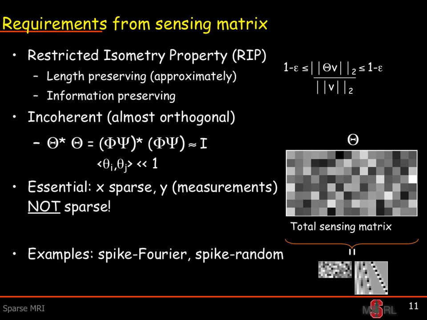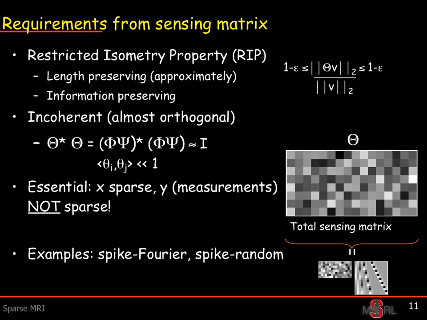In order to work well, compressed sensing sets some requirements on this total sensing matrix. The first requirement is the restricted isometry property, which says that the total sensing matrix must be approximately length preserving, in that any signal multiplied into this matrix has to have approximately the same amplitude as the original signal itself within some epsilon. It also has to have the property of incoherency, which mathematically means that it's almost orthogonal.